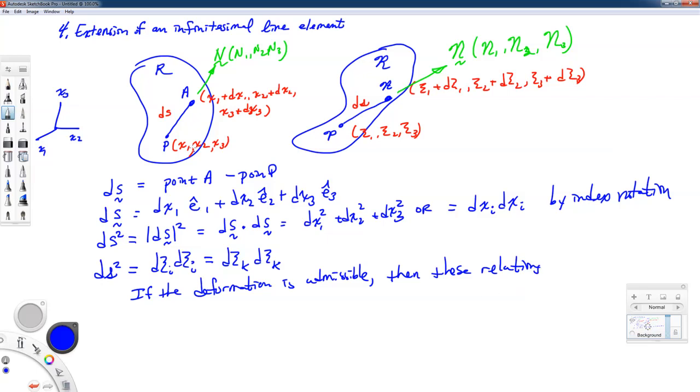The transformations from regular, the undeformed to the deformed space, and their derivatives exist. We're not allowing for any continuity issues in this continuum assumption.